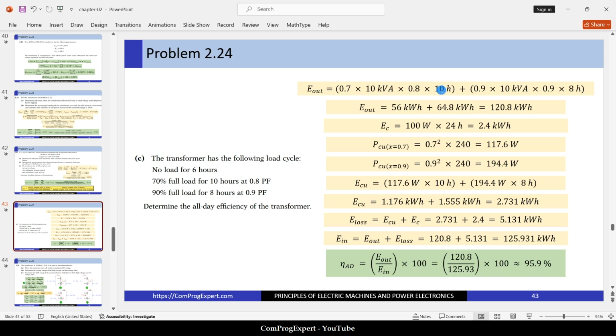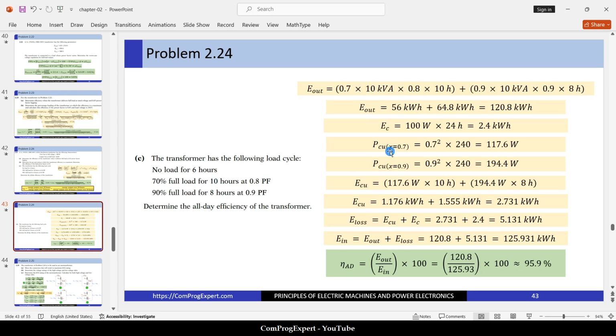I want to calculate the energy in kilowatt hours. For the next interval, 90% of the full load: 0.9 times 10 kVA times 0.9 power factor for 8 hours. So the energy output is 120.8 kilowatt hours for this load cycle.